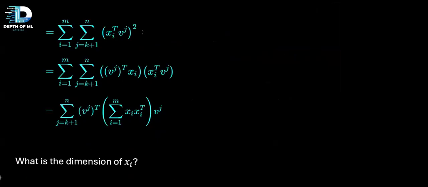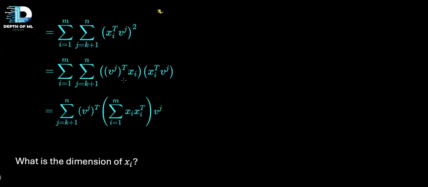Now let me expand those terms also. So this is a square. These are alphas, right? I'm just writing it twice, and this is just a dot product. So you can exchange it.